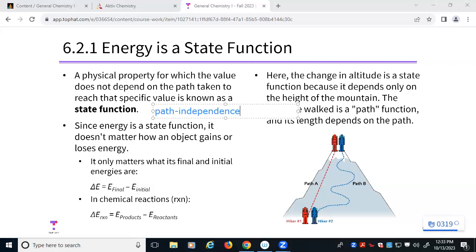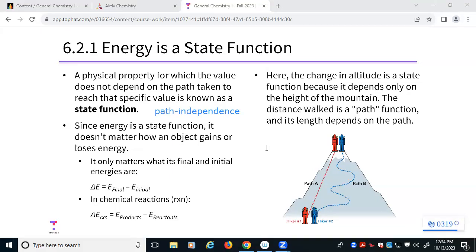Now, what do I mean by path independence? Let me give you an analogy. Let's say that we wanted to climb this mountain. The distance in elevation from base camp to the top of that mountain is 2,500 feet.